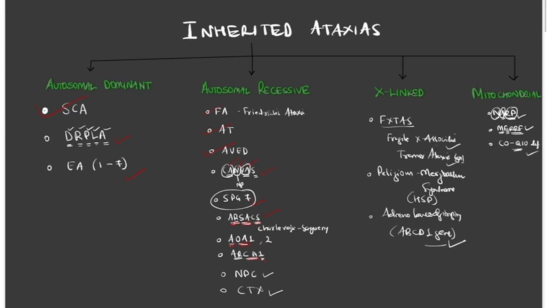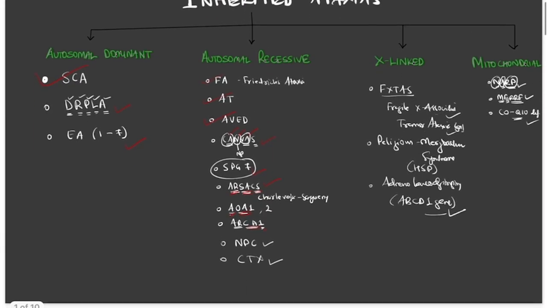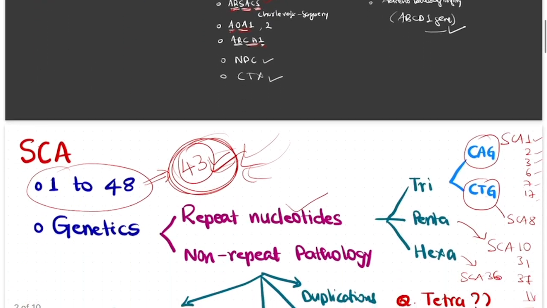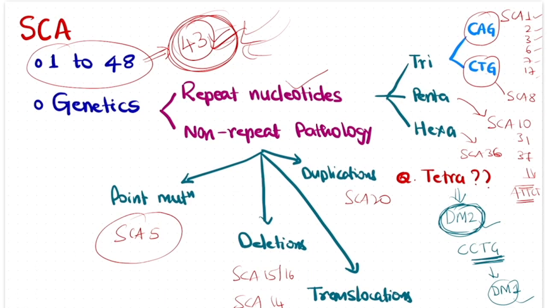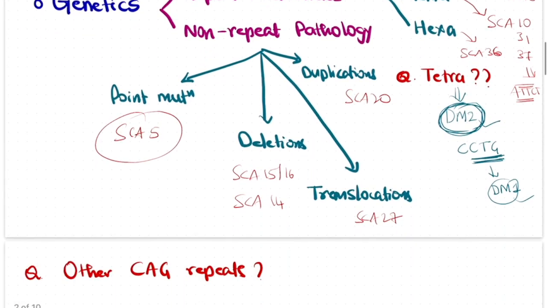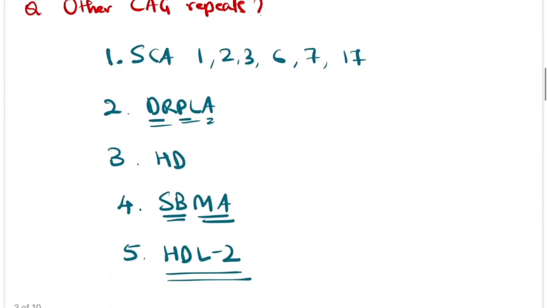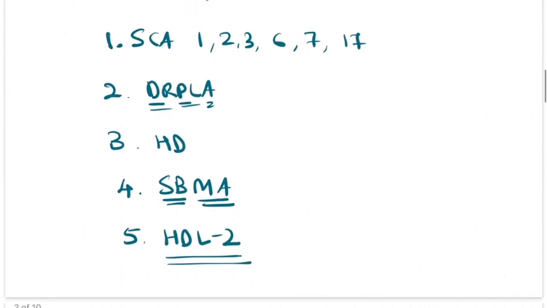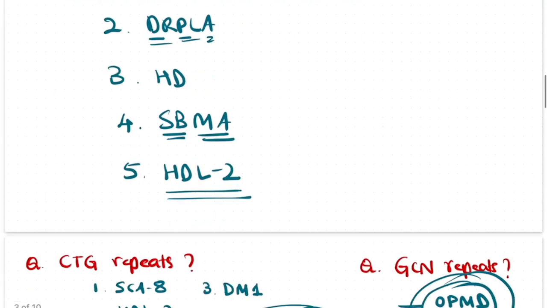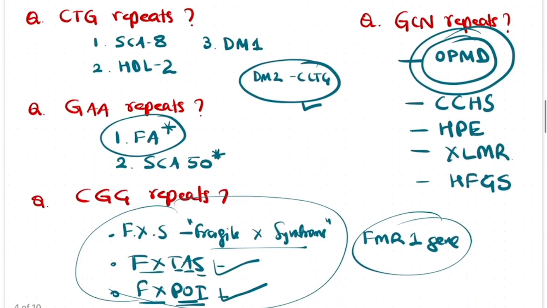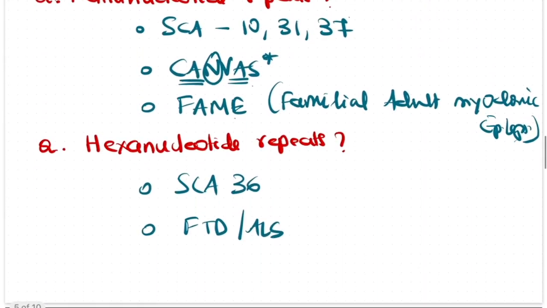So this is in broad about inherited ataxias. What I've covered is the classification of inherited ataxias. Then I have told important MCQ related points about spinocerebellar ataxia. Then in general in neurology, what are the trinucleotide repeat disorders, tetranucleotide repeat disorders, pentanucleotide, hexanucleotide repeat disorders, like that.